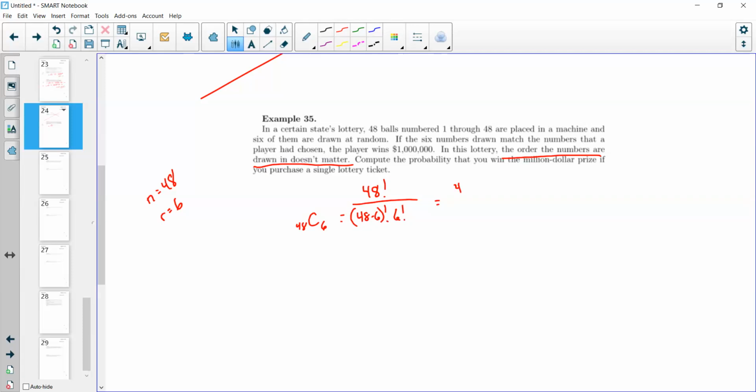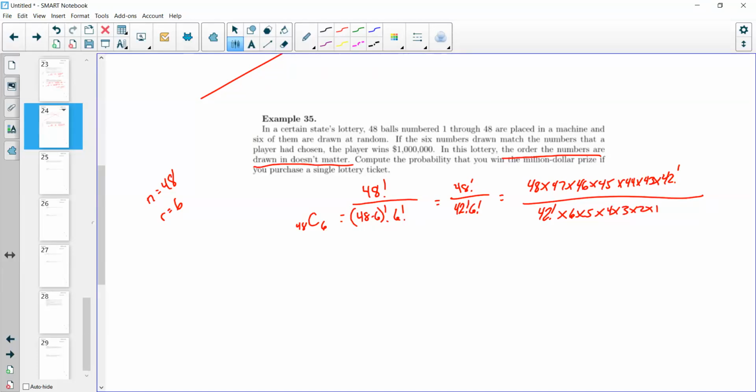So this is 48 factorial over 42 factorial, 6 factorial, which is 48 times 47 times 46 times 45 times 44 times 43 times 42 factorial, over 42 factorial times 6 times 5 times 4 times 3 times 2 times 1.